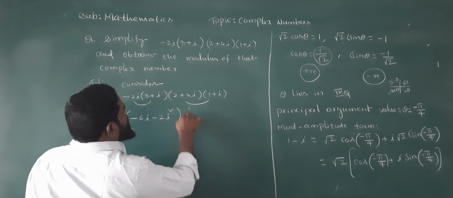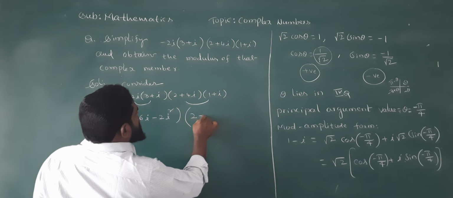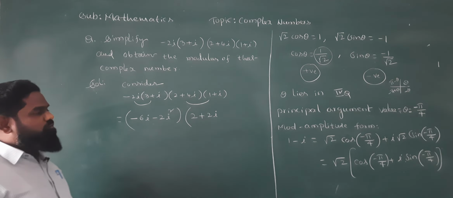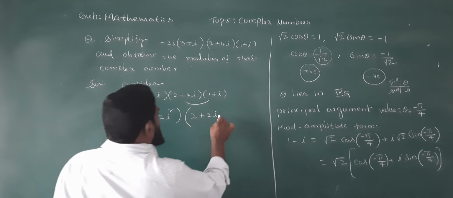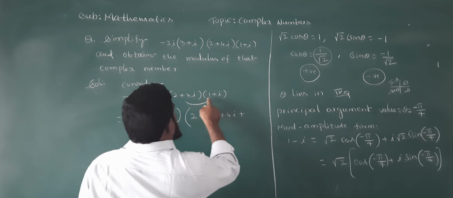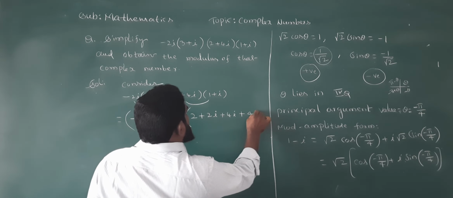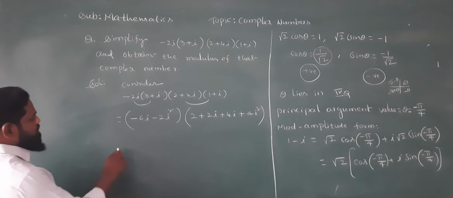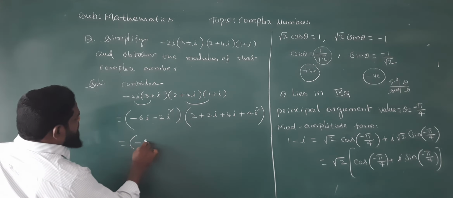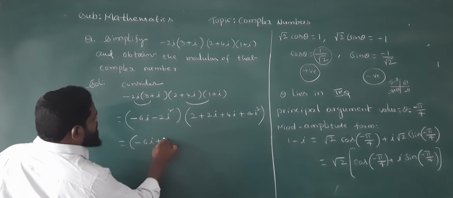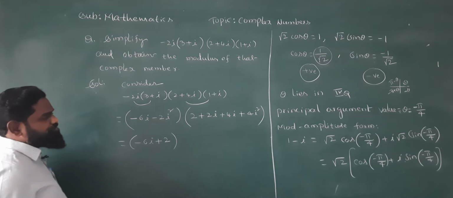Next, the second two brackets: 2 into 1 is 2, 2 into i is 2i, 4i into 1 is 4i, plus 4i into i is 4i square. Now wherever i square is there, write minus 1, so minus 6i plus 2.